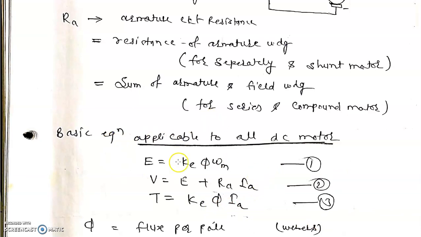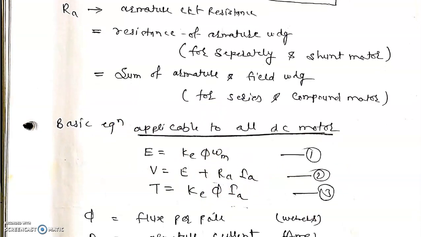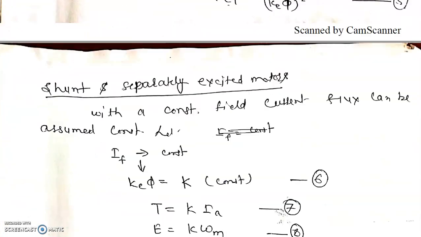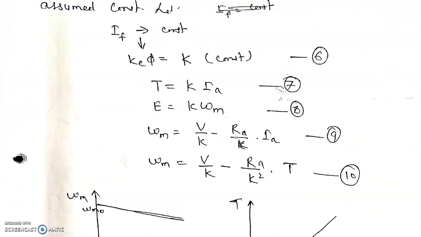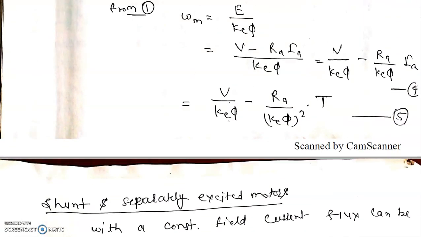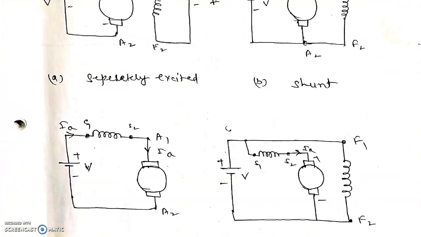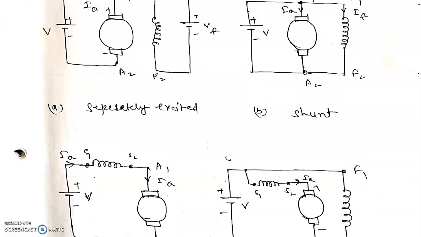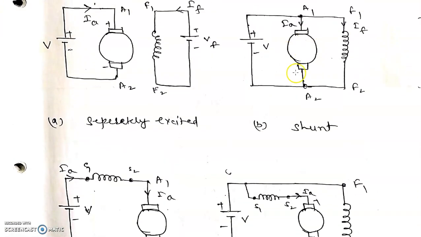With the help of these three basic equations and the fundamental diagrams of all the motors, we can solve any numericals based on DC motor. This is the basic diagram of shunt motor, separately excited, series motor and compound motor.